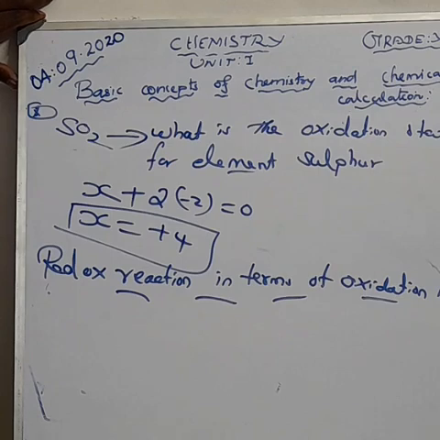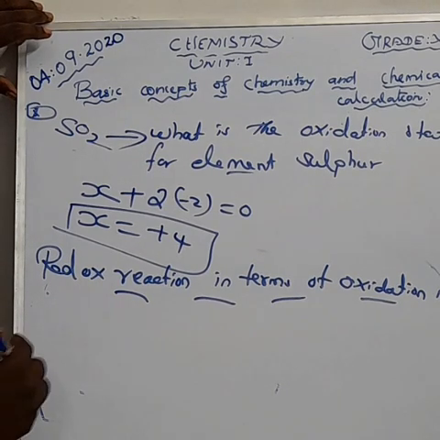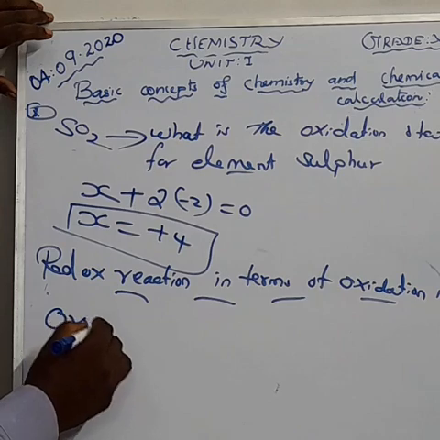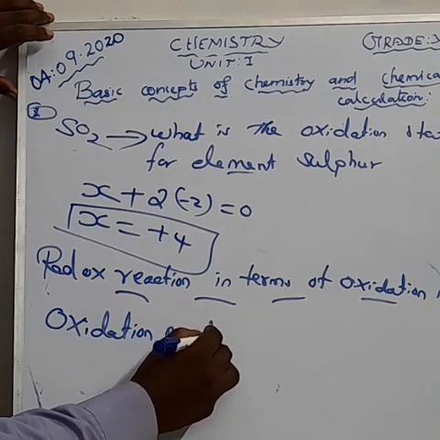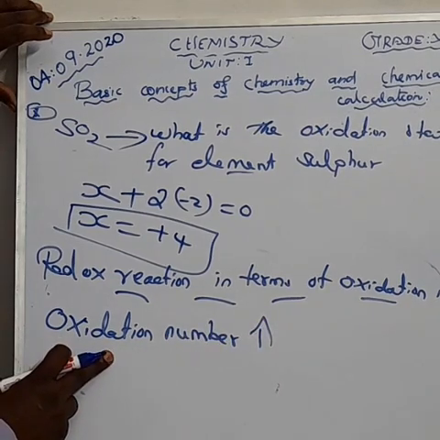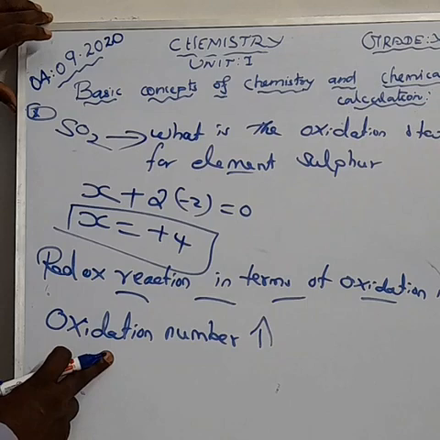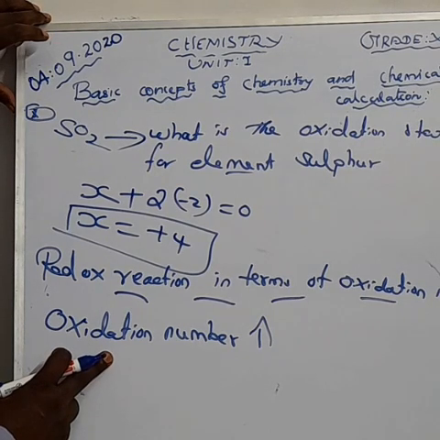During a redox reaction, the oxidation number of an element changes. A reaction in which the oxidation number of an element increases is called oxidation. Whenever the oxidation number of an element increases, it is called oxidation.